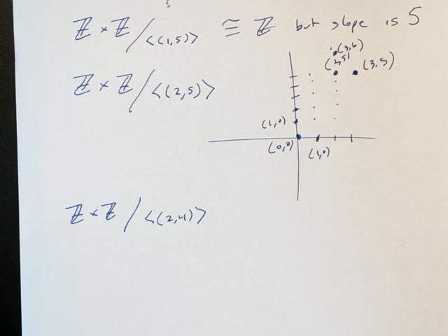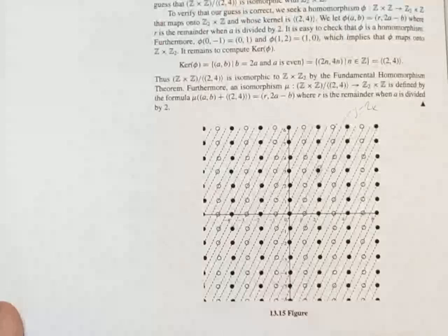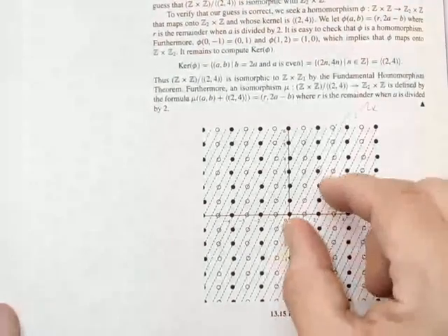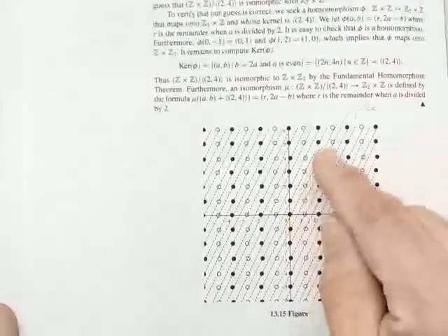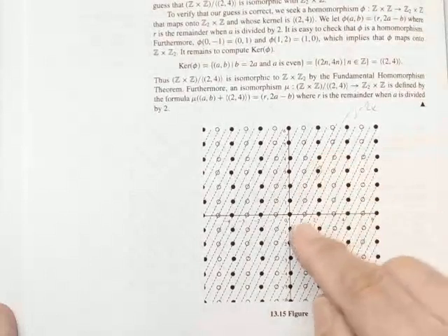If you add 1, 0 or 0, 1 to that, you add 1, 1 to it, right? All of a sudden you're in a completely different place, which means each line contains 2 cosets. The even numbers and the odd numbers.